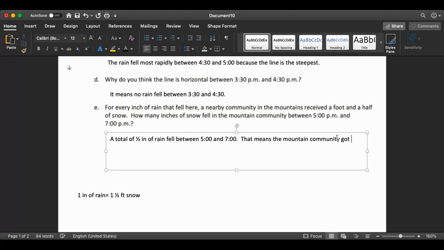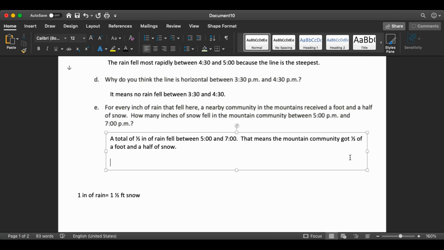But the amount we're using on our graph is 1/2 of an inch, which means I have to take 1/2 of this. So basically what they got is 1/2 of 1.5 feet of snow.